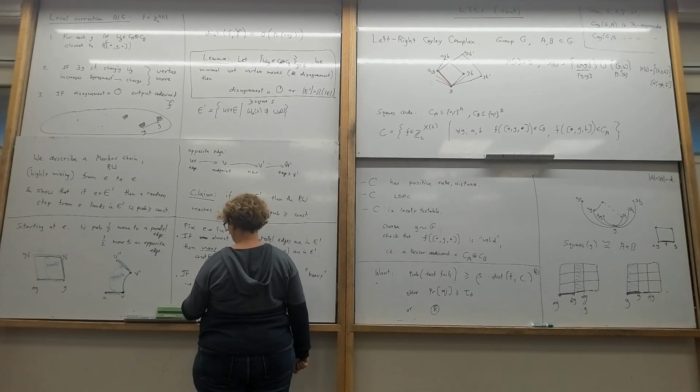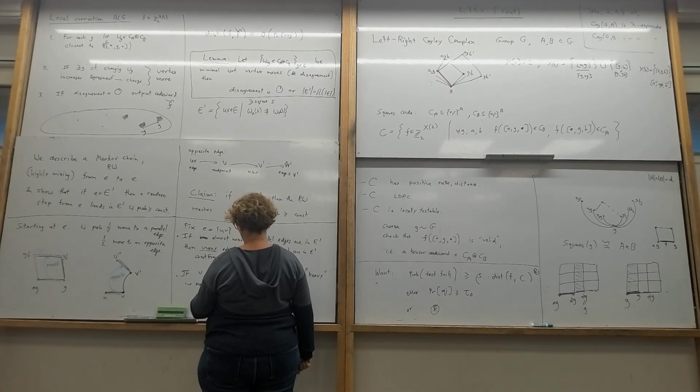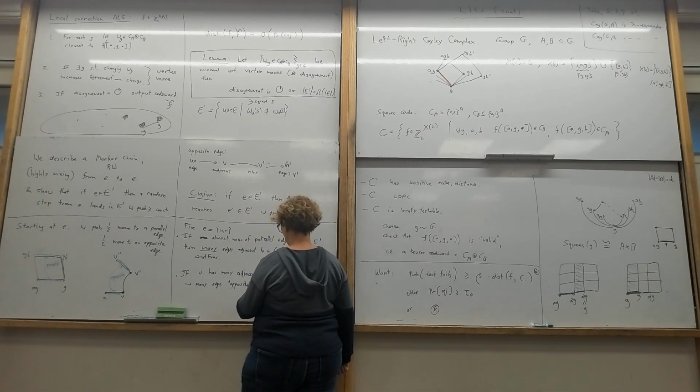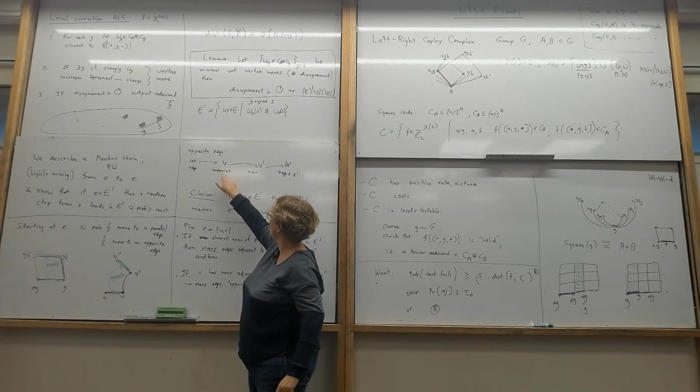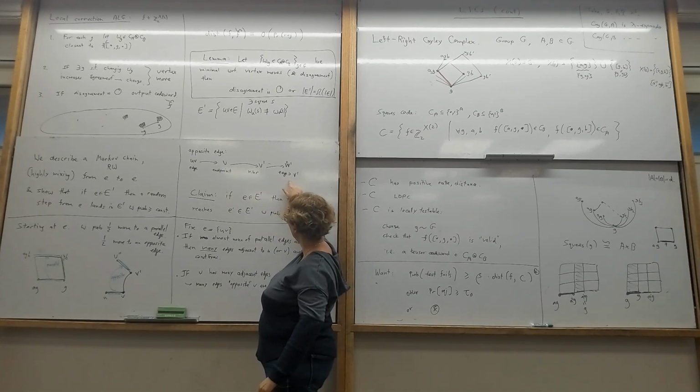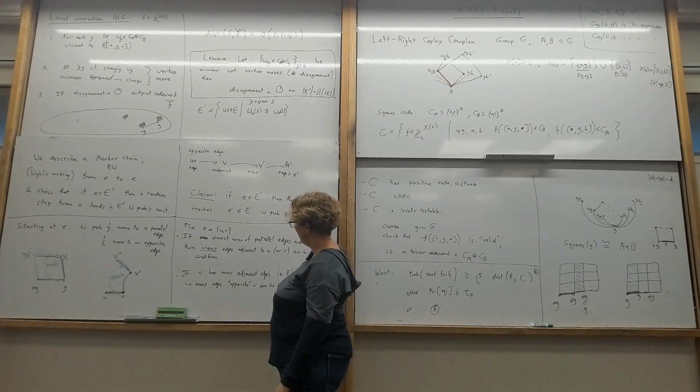many edges that are opposite V are in E prime, and by opposite V I just mean now I'm already here, so I just move to a neighbor and then take an edge. Okay.